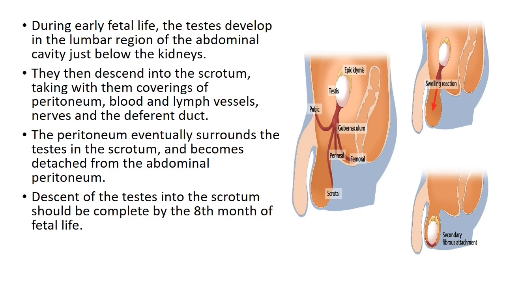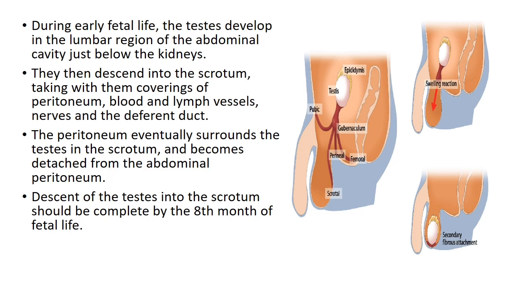Then they descend into the scrotum, taking with them a covering of the peritoneum, blood and lymph vessels, nerves and the deferent duct. These organs all descend with the testes.